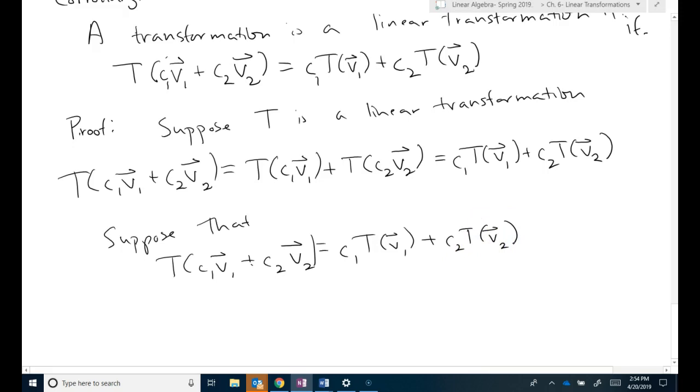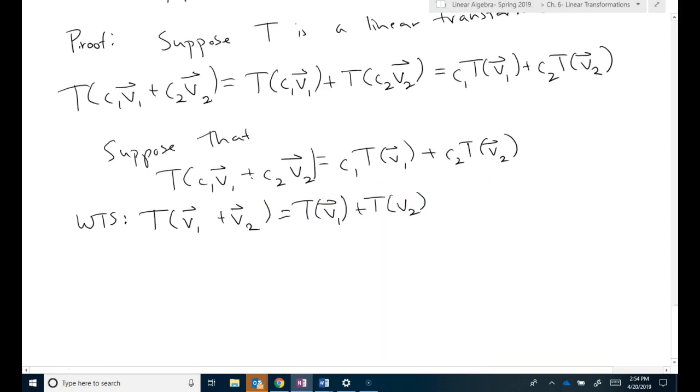Okay. Now first, we want to show that T of V1 plus V2 equals T of V1 plus T of V2.